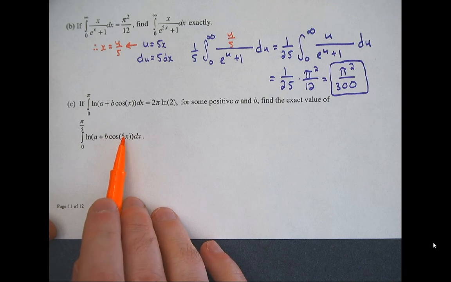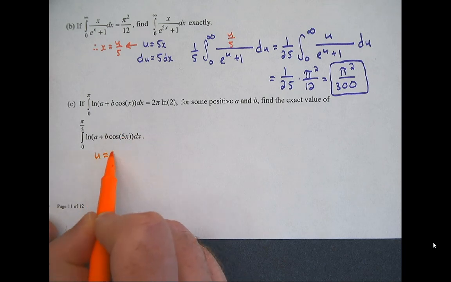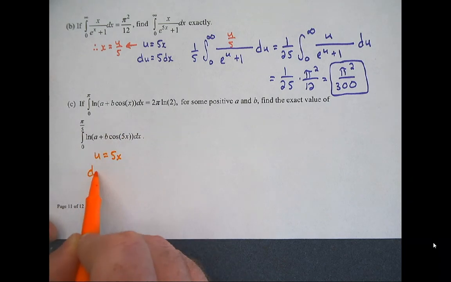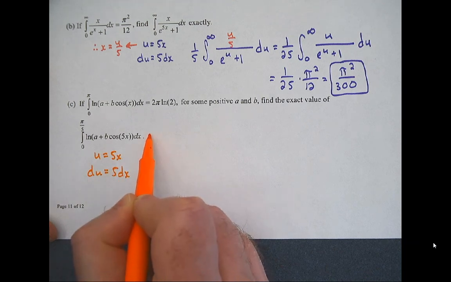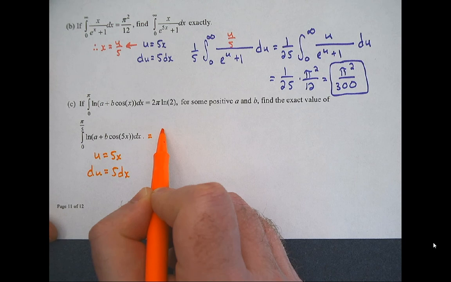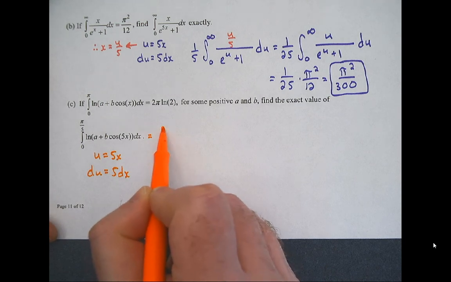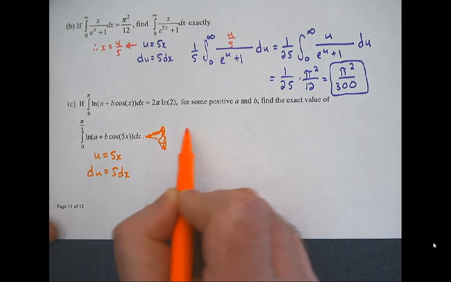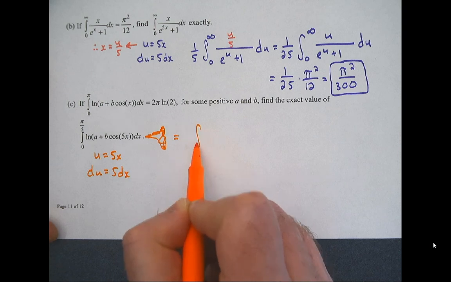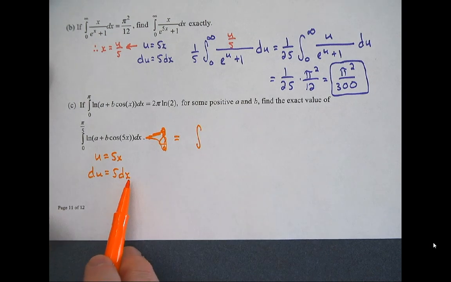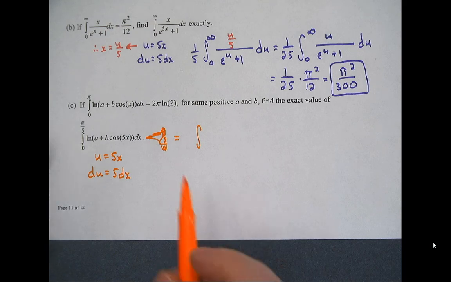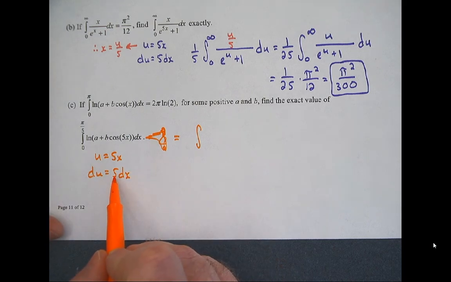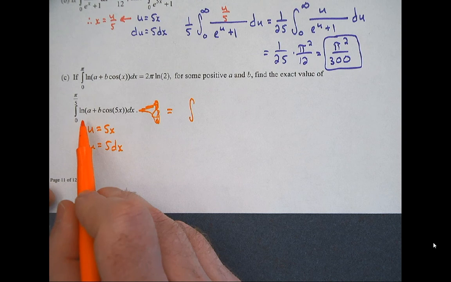So I've got, this is my inside function. So u is 5x, therefore du is 5dx. Now I can rewrite this as the integral. Let's try to build our du first. I need a 5, which I don't have.